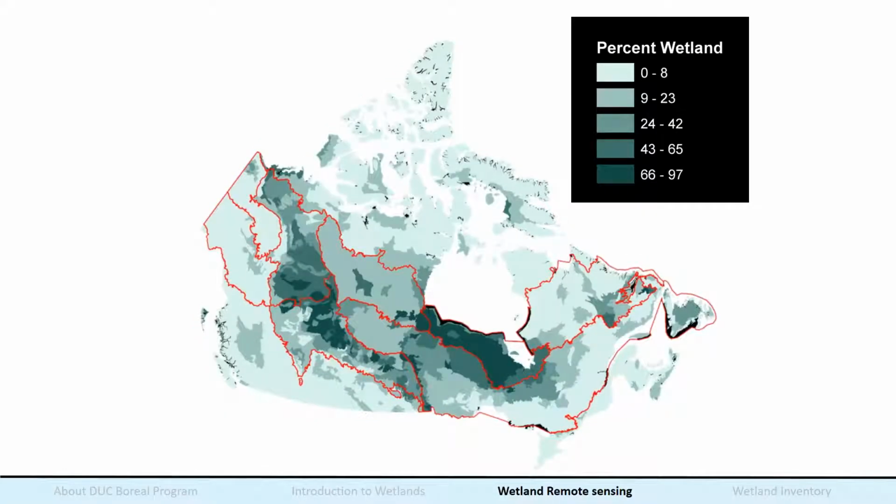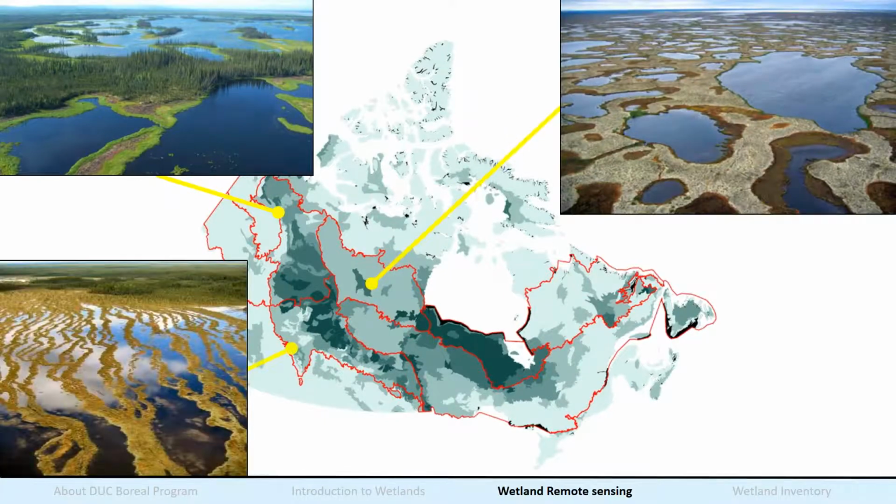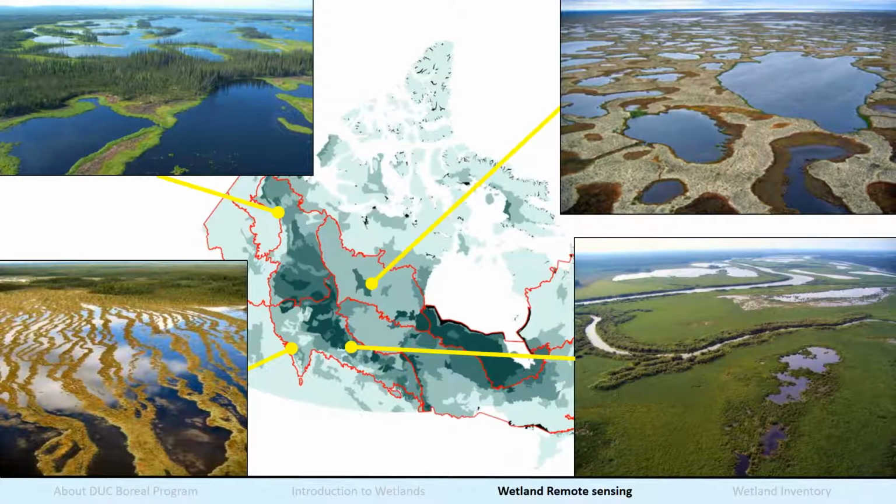We can also see that the Boreal contains the highest percentage of wetlands in Canada. The Boreal forest is outlined in red there. And then, like I mentioned before, going across each ecozone, we can see that there's a lot of different wetland types based on size and extent, complexity, and also just the amount of growth forms available across the country.